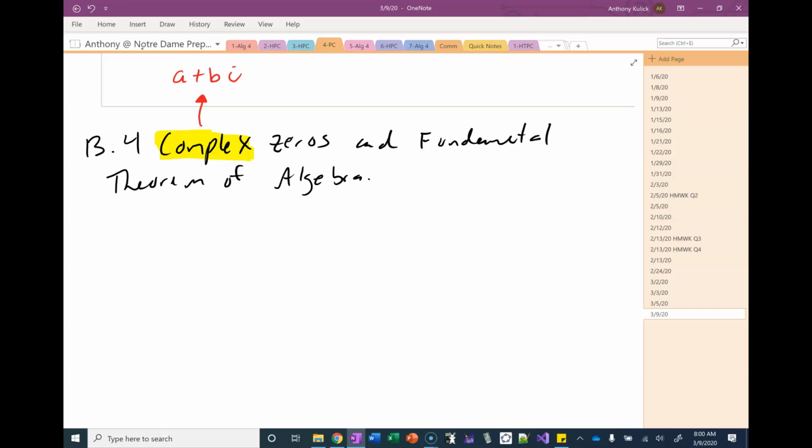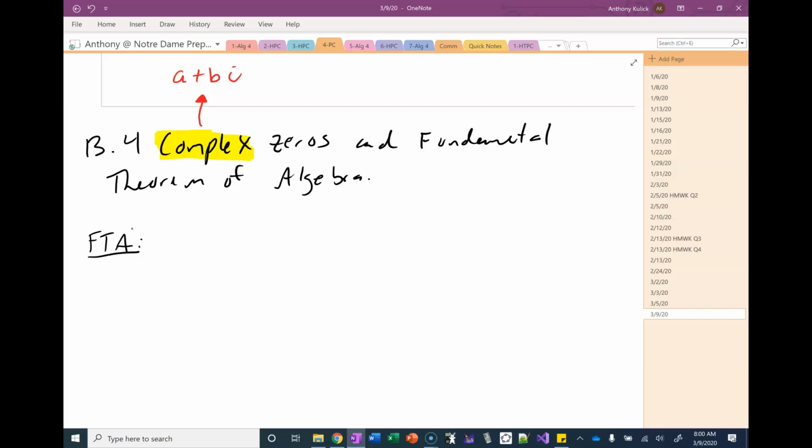Okay. So the first thing we're going to do is give a statement for the fundamental theorem of algebra. I'm just going to abbreviate that as FTA because there's a whole lot of letters I just don't want to write again.